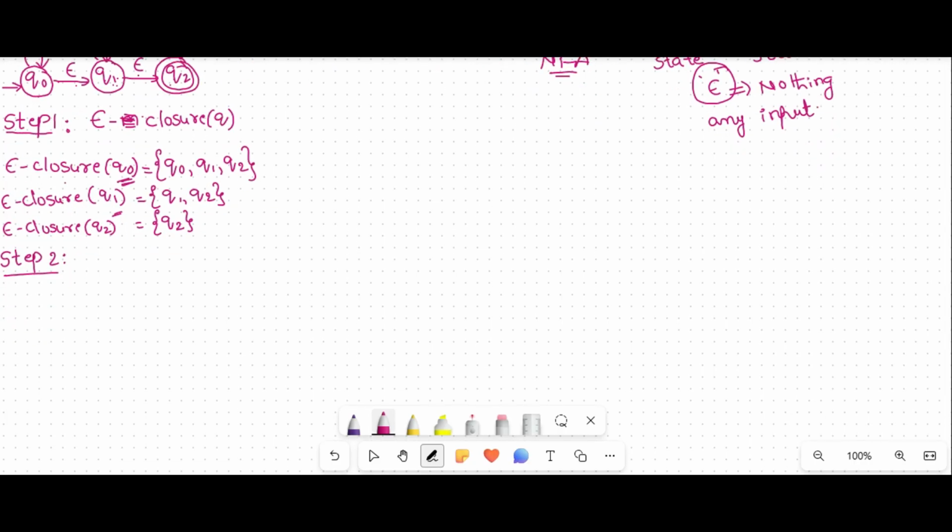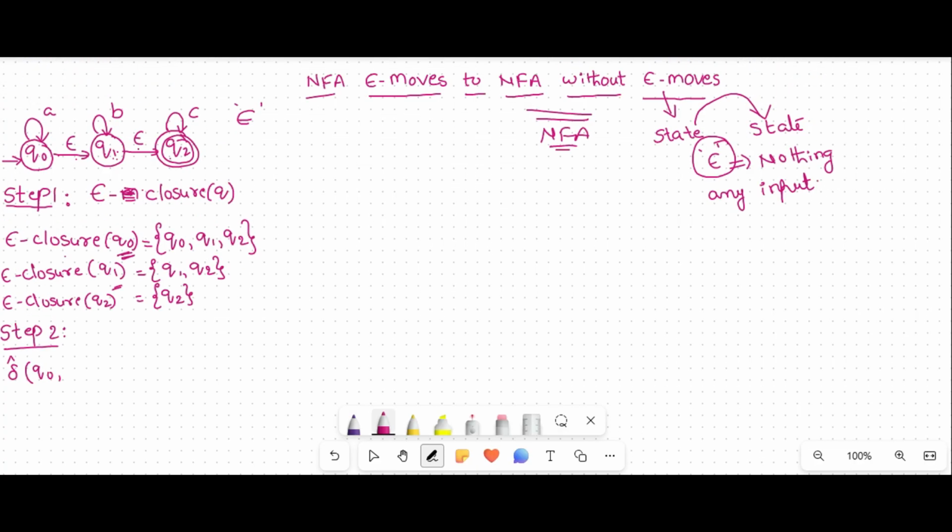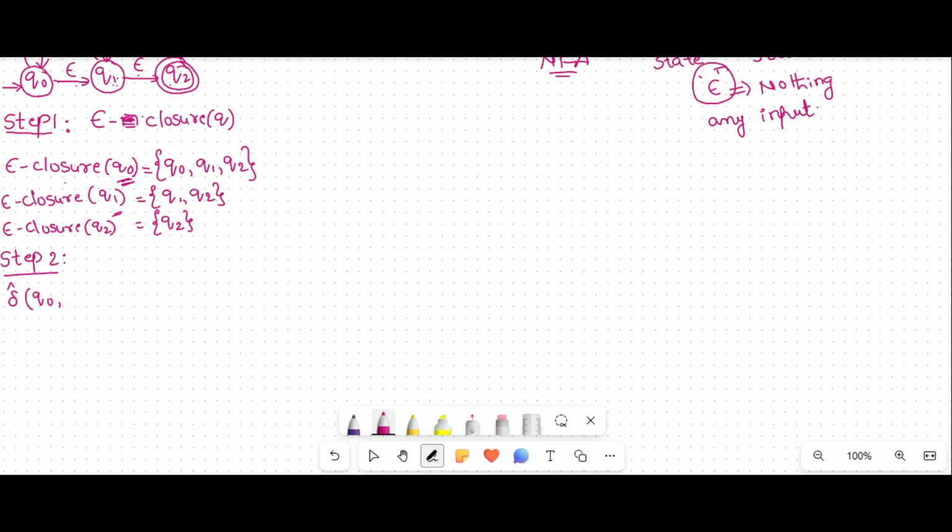Now, how to find the transitions? For differentiation purposes, you can take them as delta cap of Q naught with our input alphabet A, B, C. Q naught with A, Q naught with B, Q naught with C. Likewise, totally 9 transitions we have to find out.